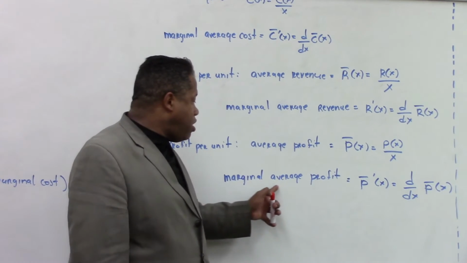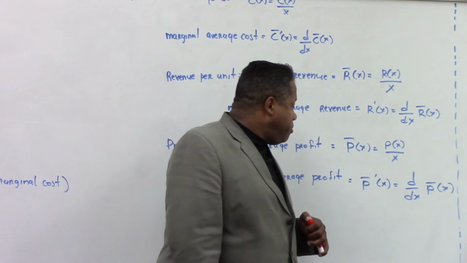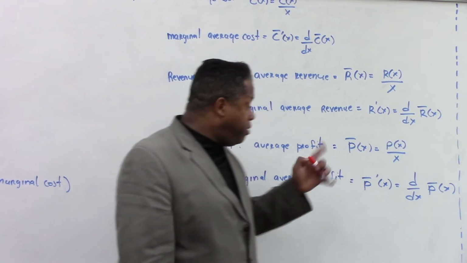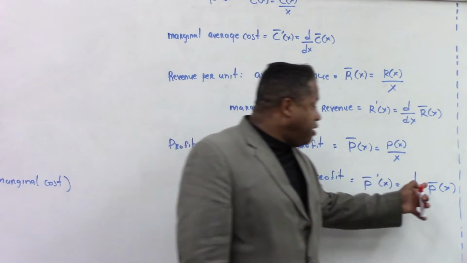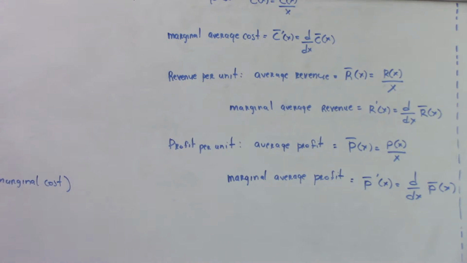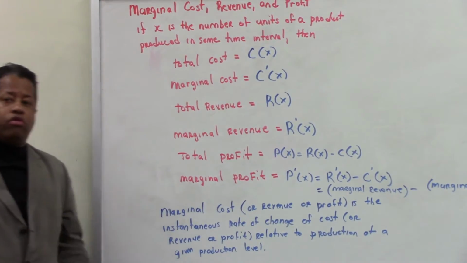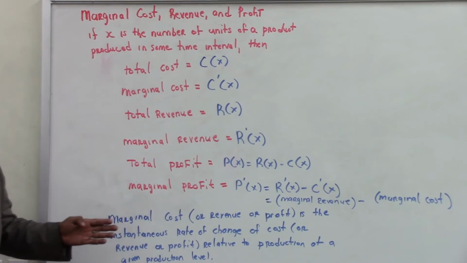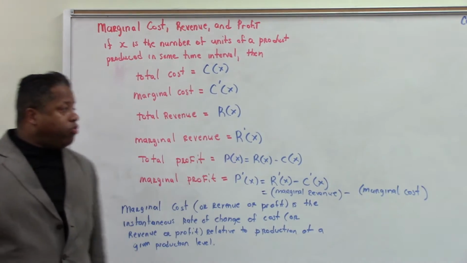And the marginal average profit is P bar prime of X, which is equal to the derivative of P bar sub X, also with respect to X. Now that we said those things, let's get a nice zoom, a close shot of these formulas and these representations.